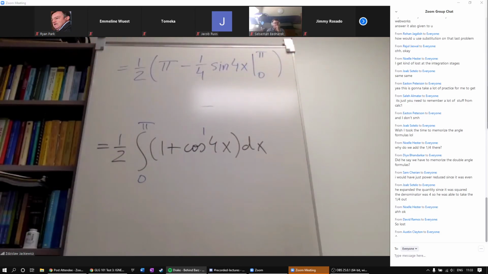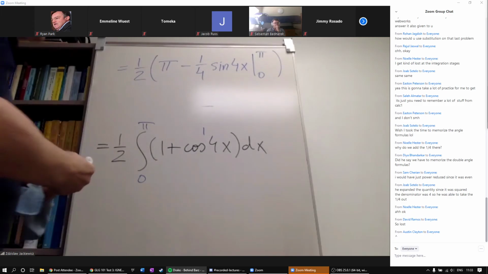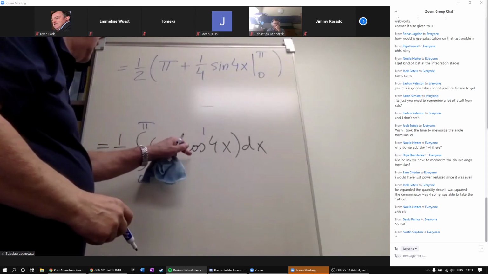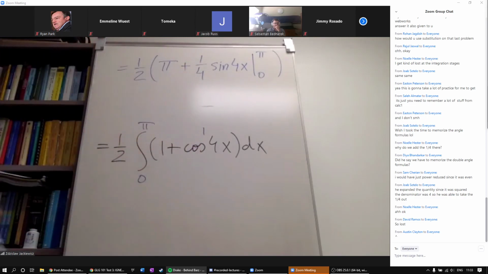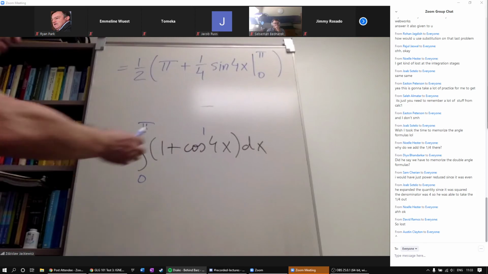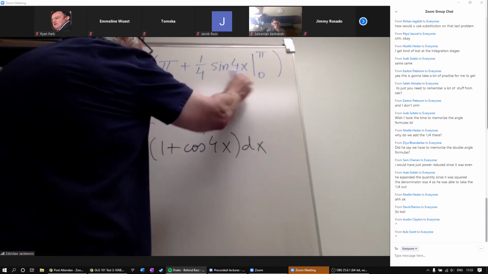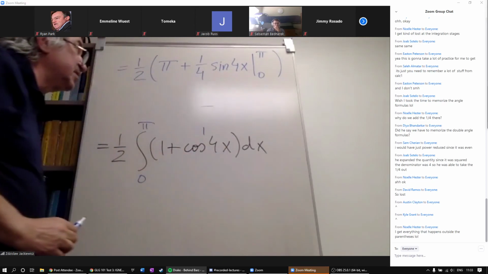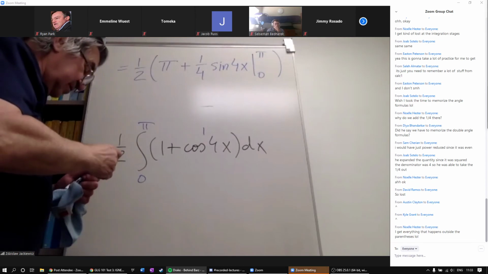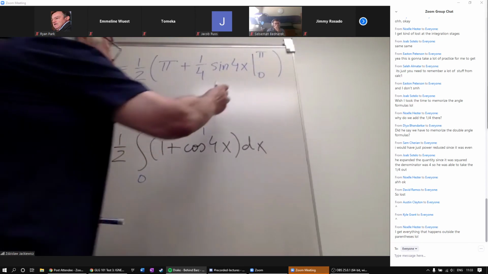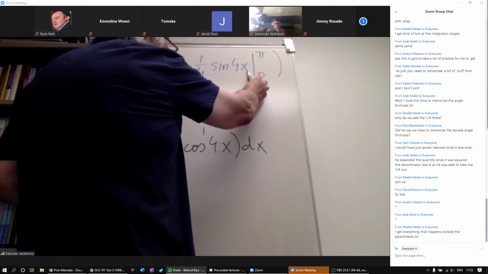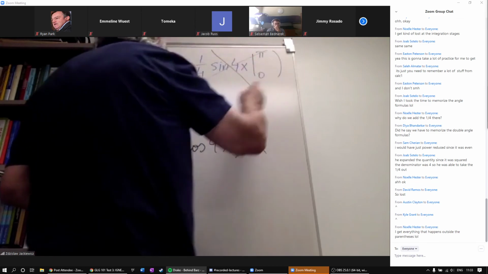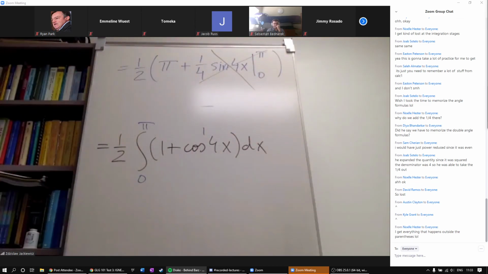You can check it: if you compute the derivative of this, you get cosine 4x times 4, we cancel here and we get cosine. And of course, if you put in pi it will be sine 4 pi, which is 0, and if you put in 0, it's sine 0, which is 0. So this is again 0, and the answer is as before, pi over 2.